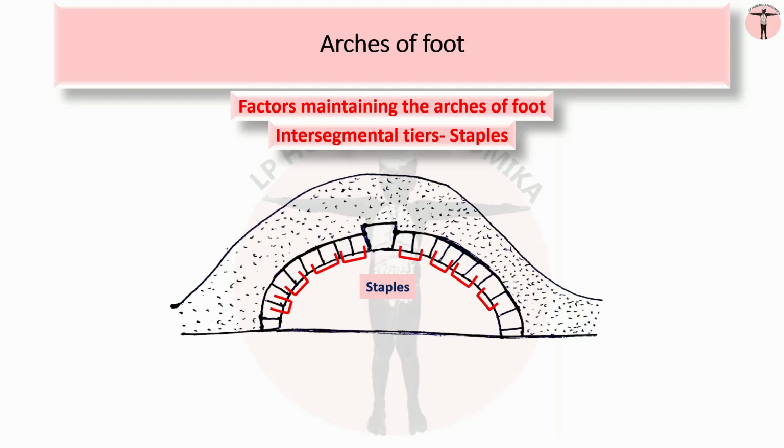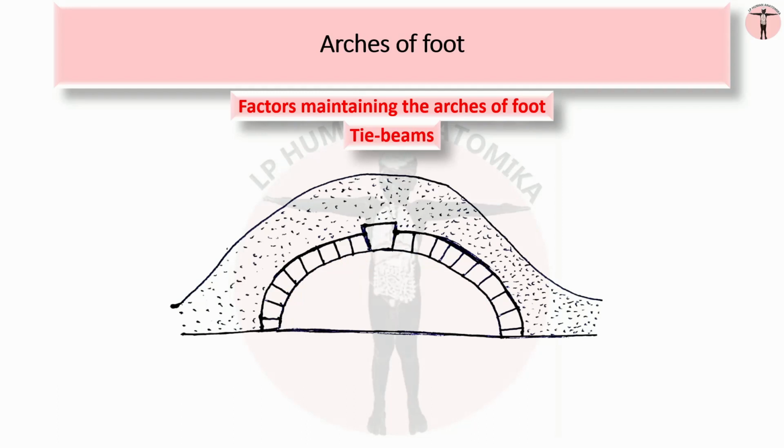This method effectively counteracts the tendency of the lower edges of the stones to separate when the arch is weight-bearing. In the arches, the metal staples can be compared to the plantar ligaments holding the adjacent bones together. The next factor is the use of the tie beams.